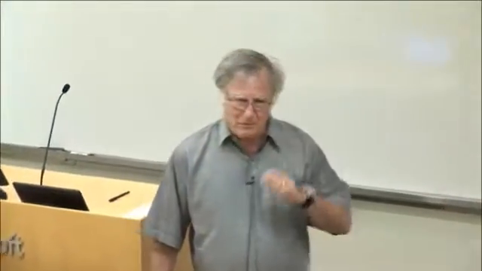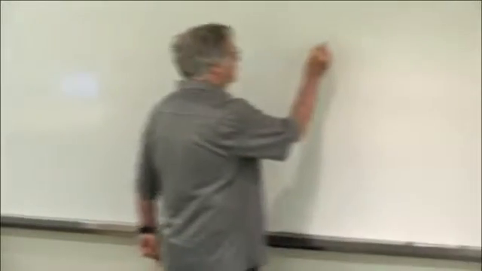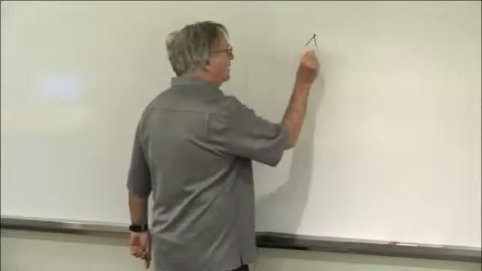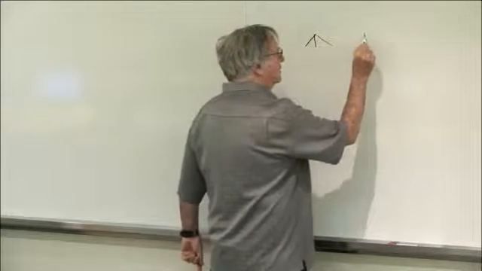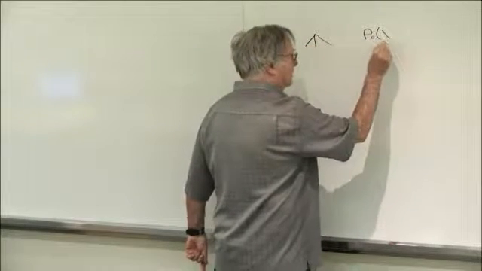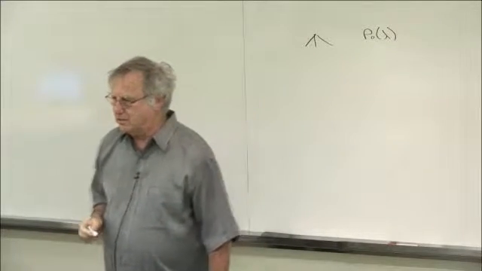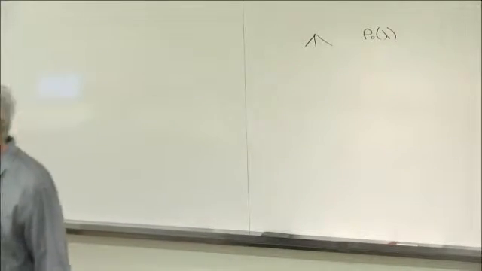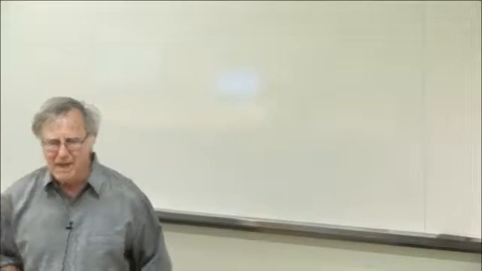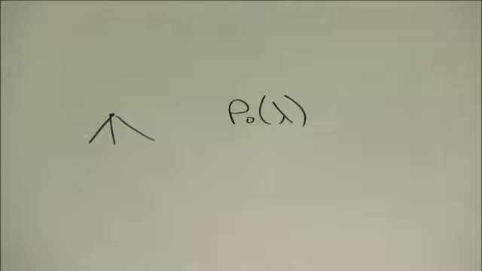So here's the model. You start out with a single node called the root, and then the root has children, and the number of children is given by a Poisson distribution with mean lambda. You can actually look at it with other distributions, but we want to look at the Poisson distribution.